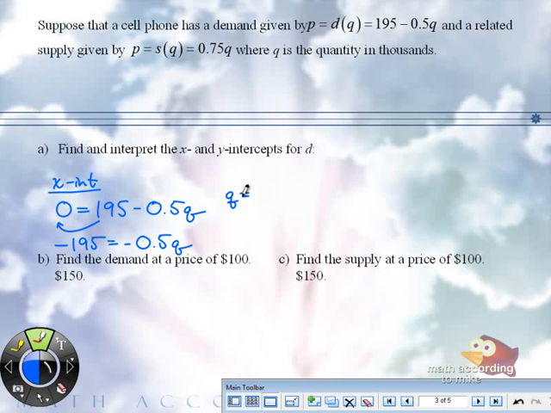So what is negative 195 divided by negative 0.5? You should get 390, because dividing by 0.5 is really multiplying by 2. Can anyone interpret that for me?